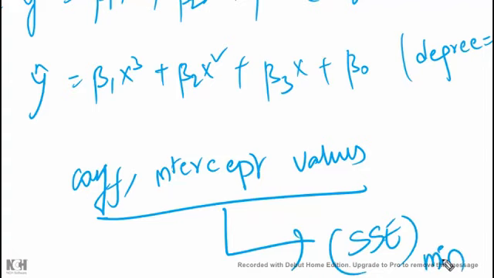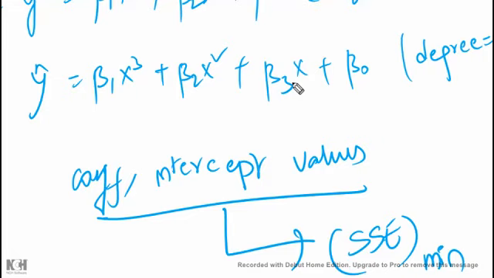Whether it is a linear regression or a non-linear regression, the ultimate goal is to have the sum of the squares of errors minimum. Out of the infinite values we have, we have to identify proper beta values such that the sum of the squares of error is minimum.